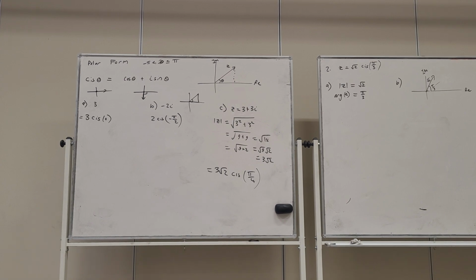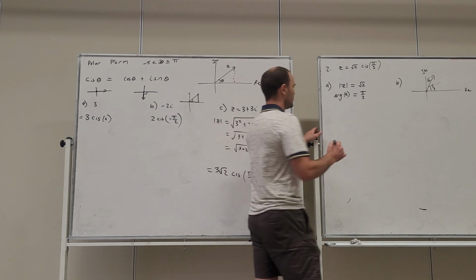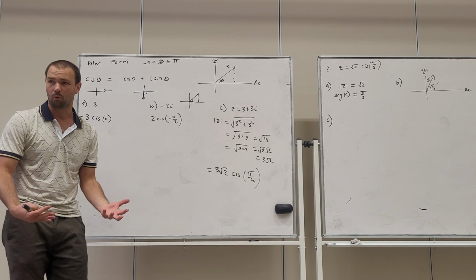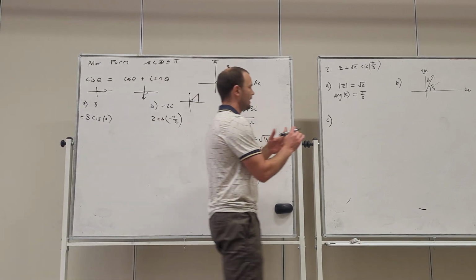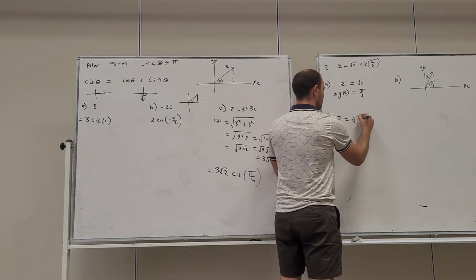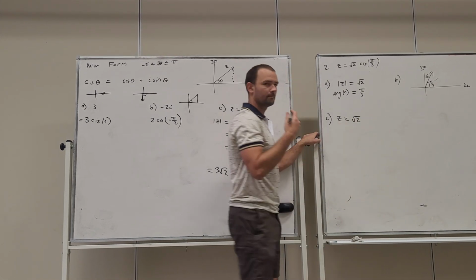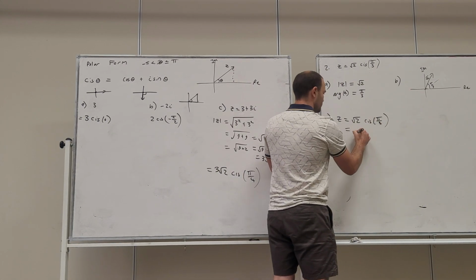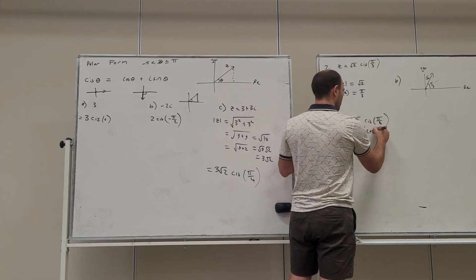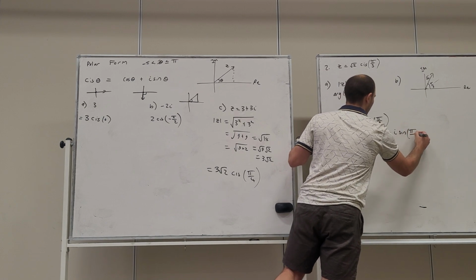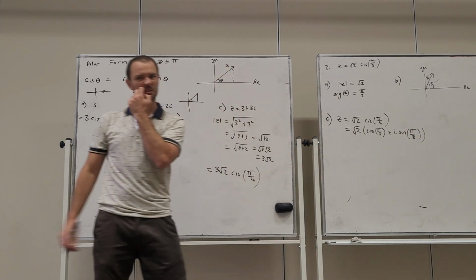And then part C, find it in Cartesian form without technology. Cartesian form means it wants us to convert it back to a coordinate. If we consider this complex number, z is equal to root 2 times cis of pi on 3. Let's write out the whole thing. Cis of pi on 3, which is root 2 of cos of pi on 3 plus i sine of pi on 3, by definition.